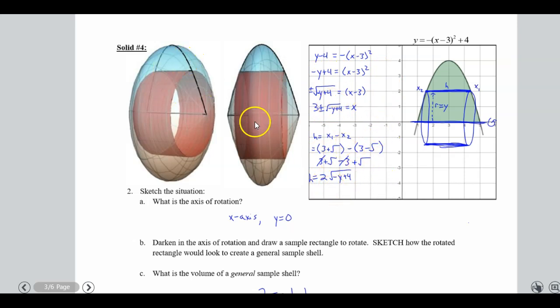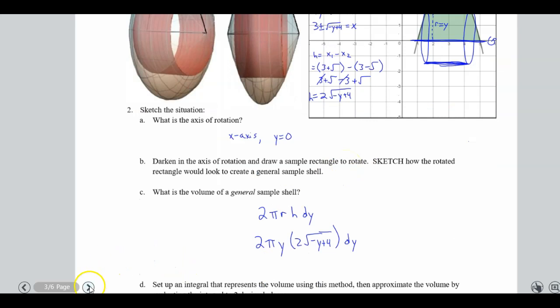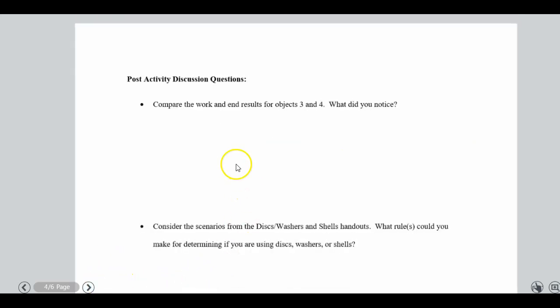So this was just an illustration of what shells look like when you have to rearrange equations and stuff like that. It's still 2 pi r times h. But one of the questions that we want to look at is, when should I use discs? When should I use shells? When should I use washers versus shells? That sort of thing. So we'll go ahead and take a look at that on the next page.